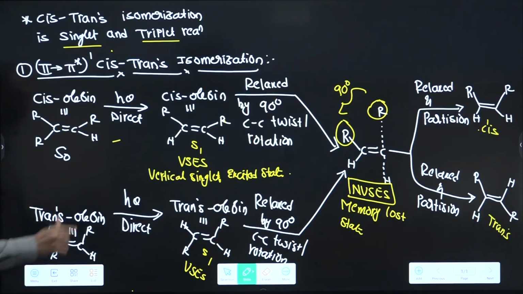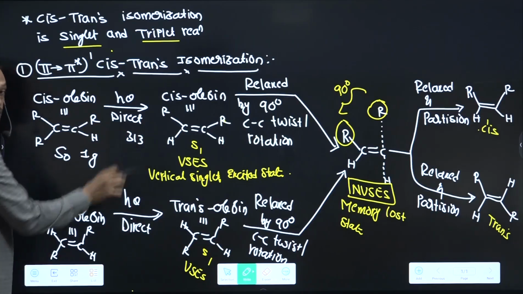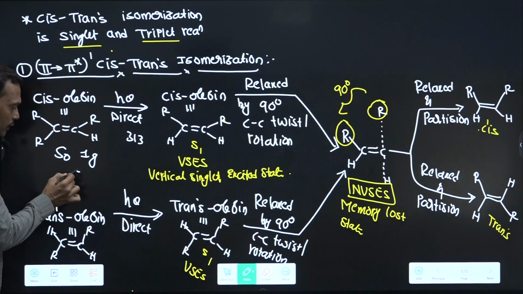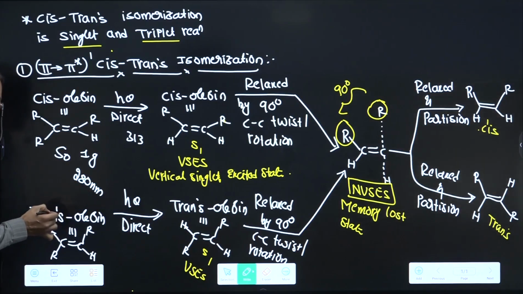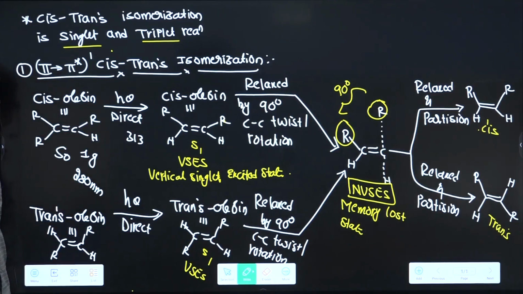Suppose I give 1 gram, if I take 313, is it possible? This isomer is a cis isomer whose wavelength is 280 nanometer. I am supplying 313. Is it possible to observe?